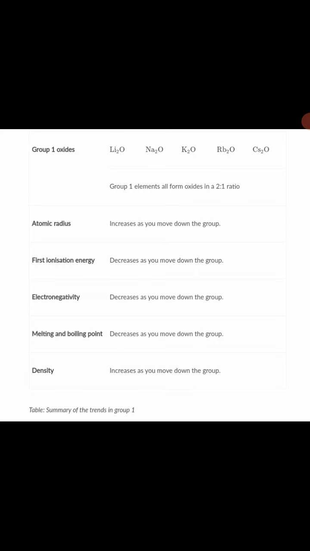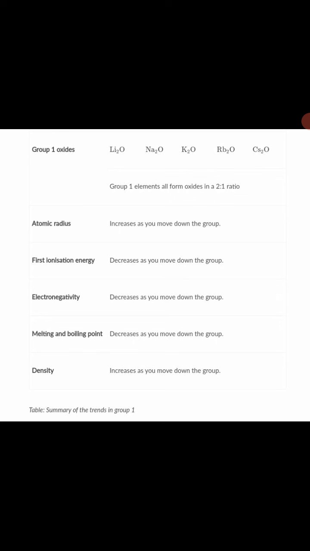Then the electronegativity decreases as you move down the group also. Melting and boiling point also decrease as you move down the group, while density increases as you move down the group.